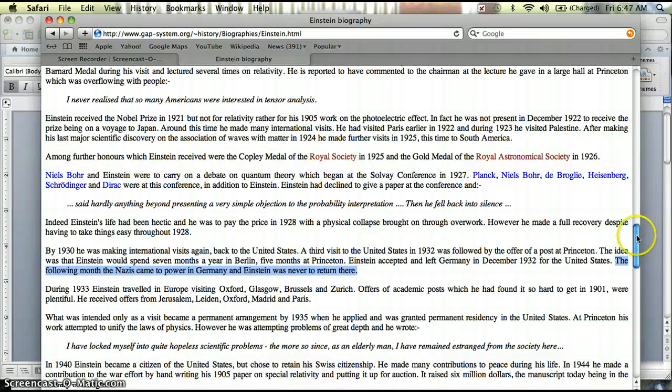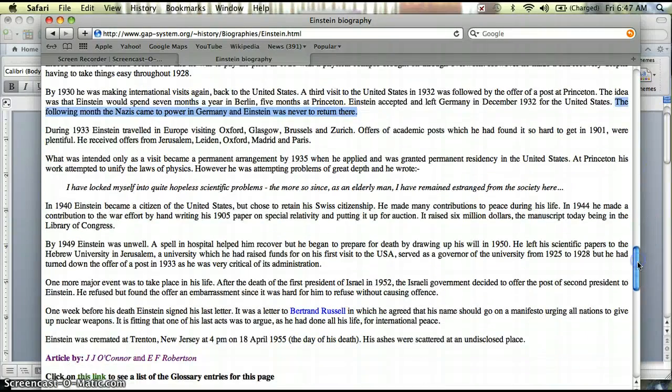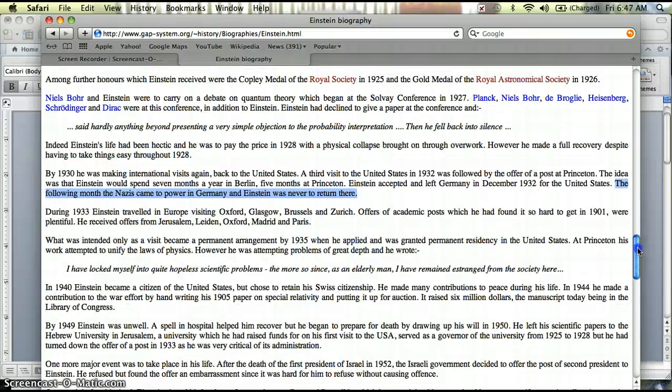As I continue reading, in the same website, I actually can find impacts that Einstein made on history.